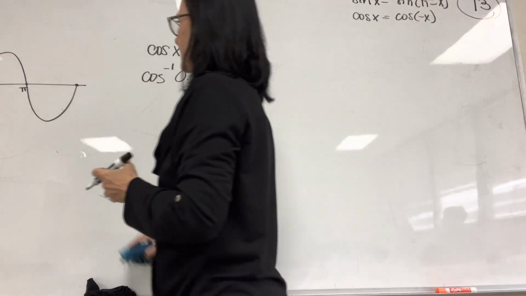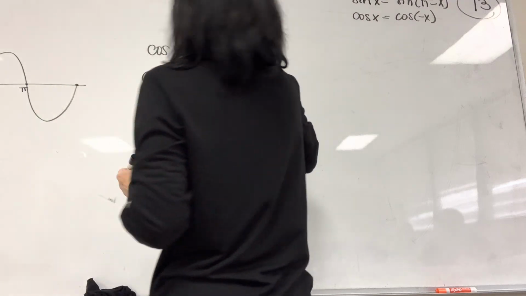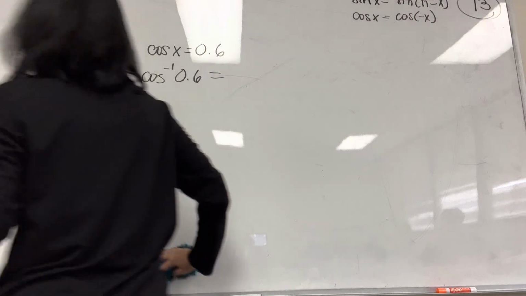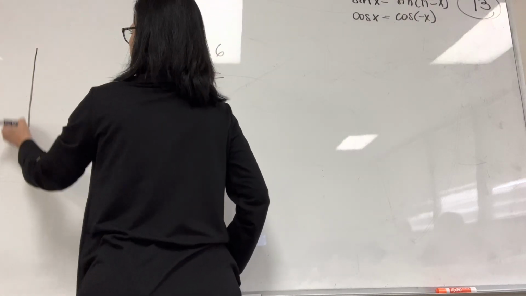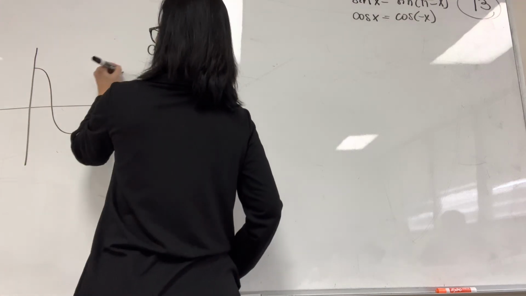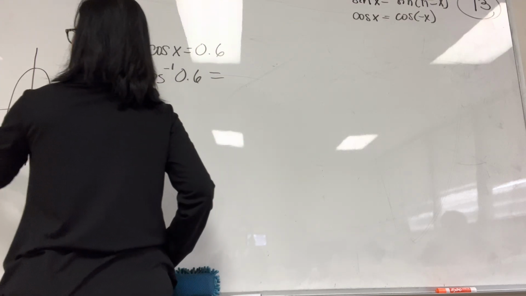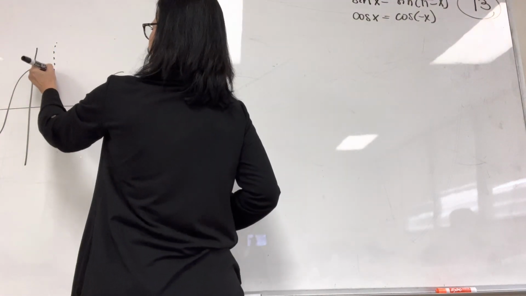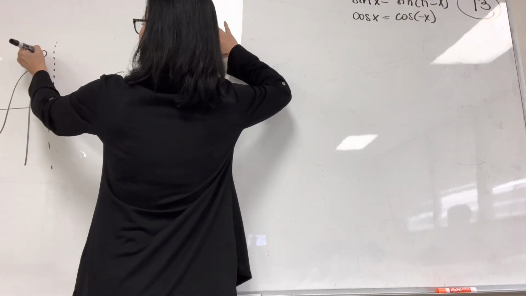I should start with the cosine. So I'm going to draw a cosine curve, and I'm going to draw it also negative. In the original, this is quadrant 1.